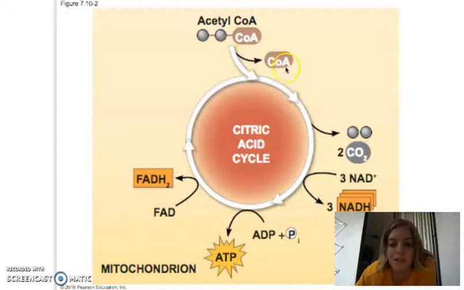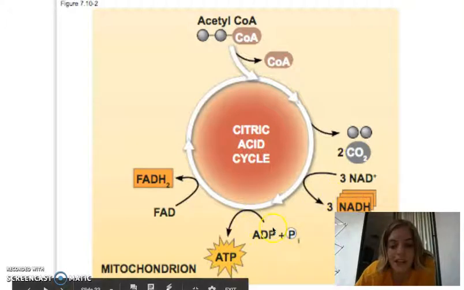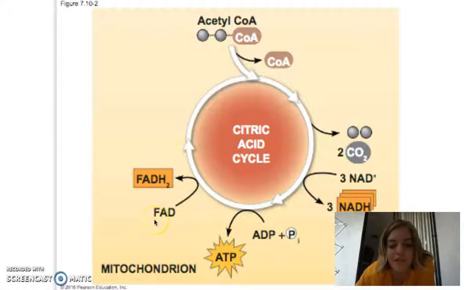It becomes CoA here, and it's now combined and becomes citric acid with the rest of the carbons. 2 carbon dioxides are released. 3 NADHs are released. Our ADP and inorganic phosphate go through substrate level phosphorylation to give us ATP, and we get 1 FADH2 from the reduced FAD.